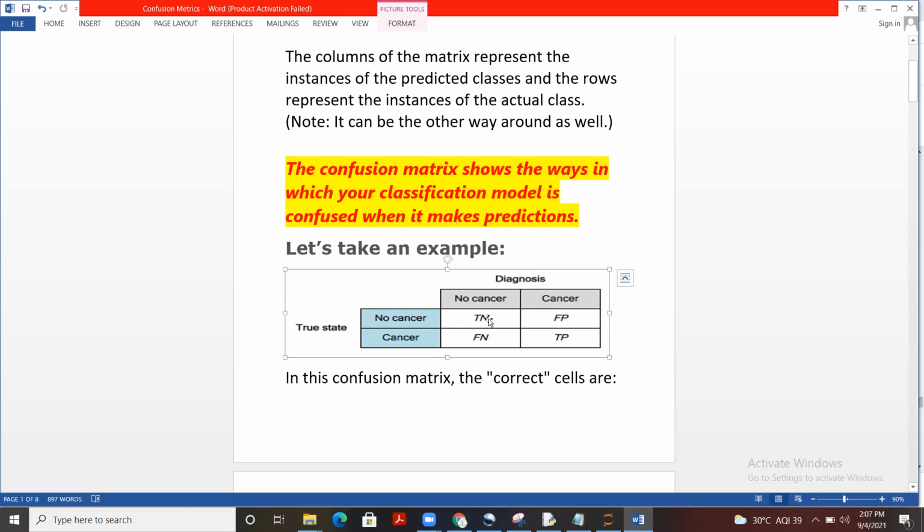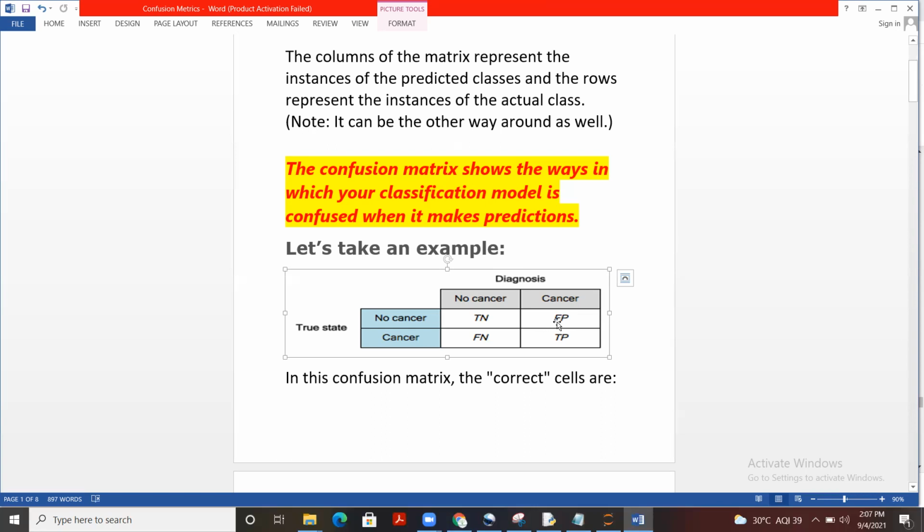The 10 means in all of the data, 10 times the person was not having cancer, and we predicted it as not having cancer. That means the model was not confused while giving that decision. The model was quite accurate and also says that the person was not having cancer, and we call it a true negative state.